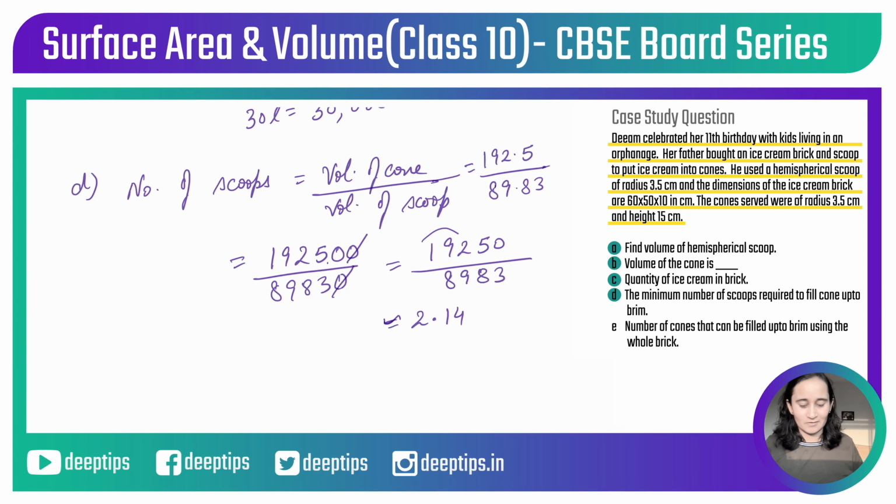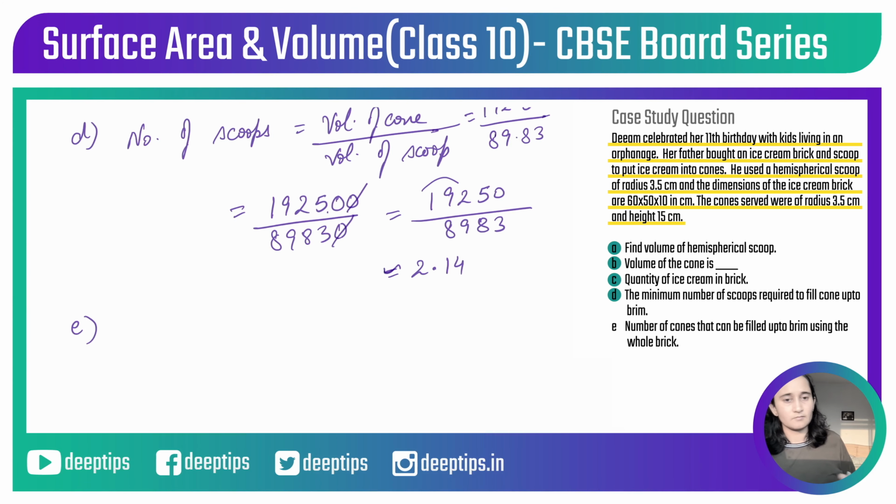Okay, so now we will come to E part, our last sub part, in which we have to calculate the number of cones that can be filled up to brim using the whole brick. Okay, so number of cones. How will we calculate the number of cones when we know the volume of brick?